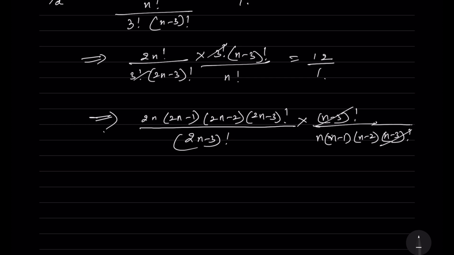So this and this will get cancelled. This and this will get cancelled. So this is equal to 12 by 1.